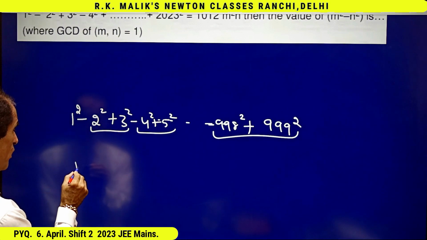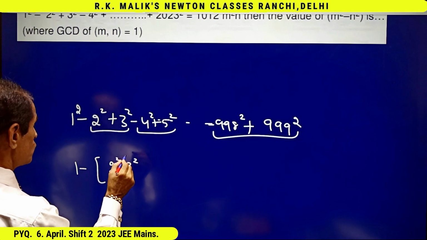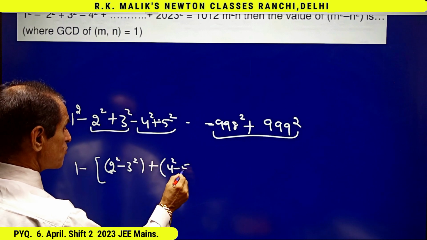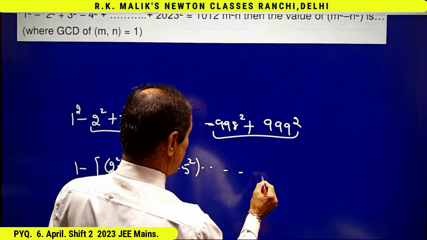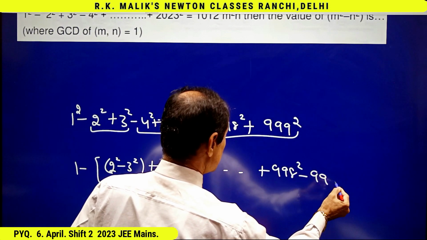What I will do: 1 minus, now 2 square minus 3 square plus 4 square minus 5 square up to 998 square minus 999 square.